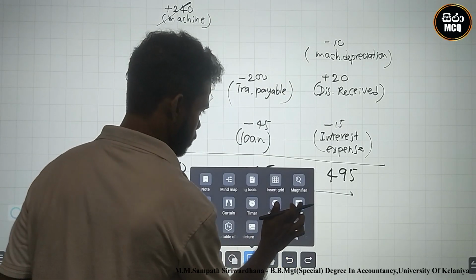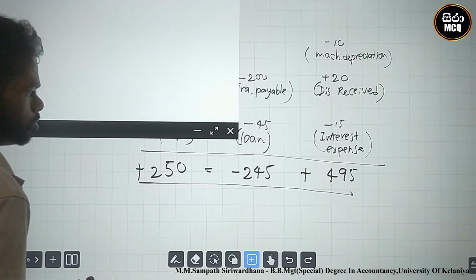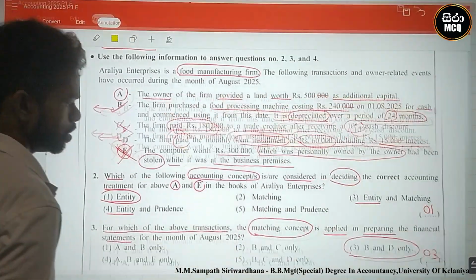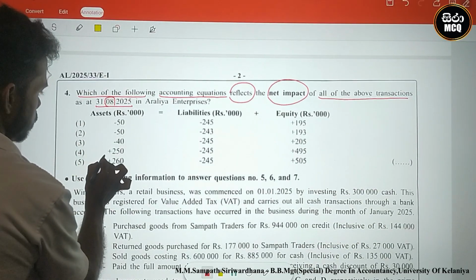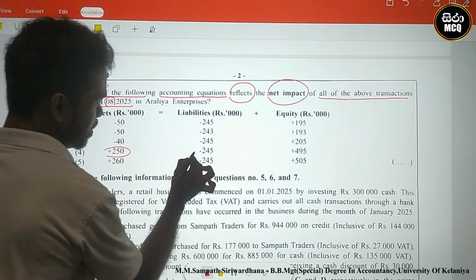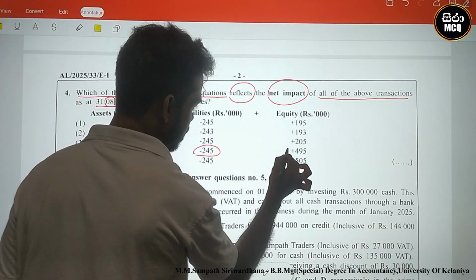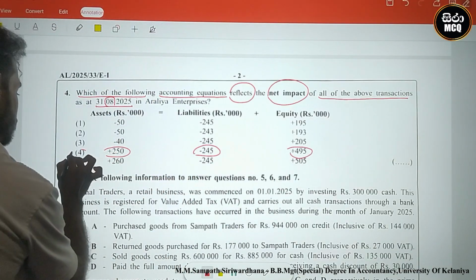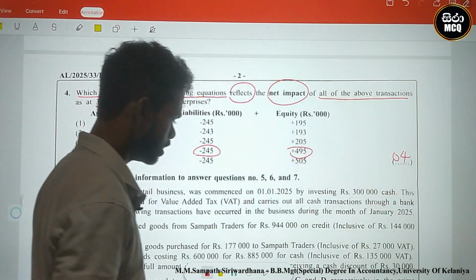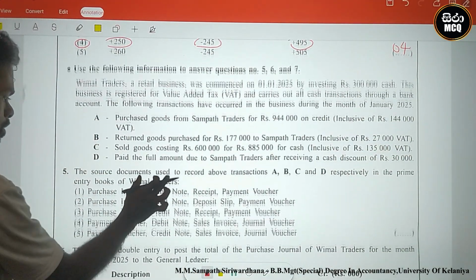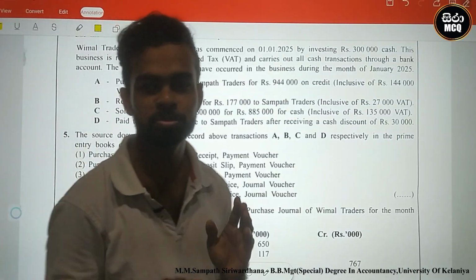Answer 250. There is only one: 245 to 495. The answer is 4. For question number 4, the answer is 4. In the next video we will identify the answer to question number 5.